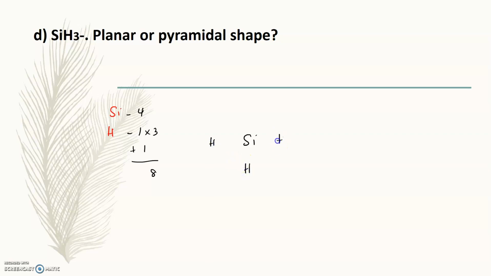So we draw the Lewis structure. 2, 4, 6. 8 minus 6 is 2. 2 non-bonding electron on silicon. Okay, hydrogen, there's 1 electron only, has been shared already. Okay. So in bracket because it is an ion.